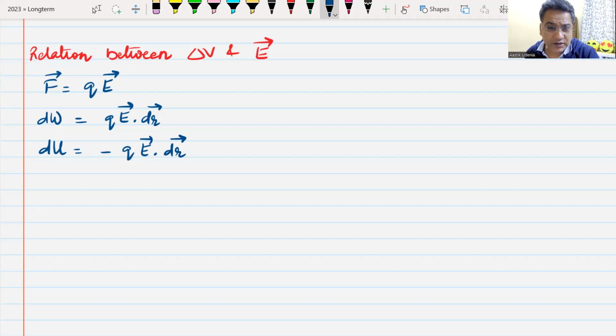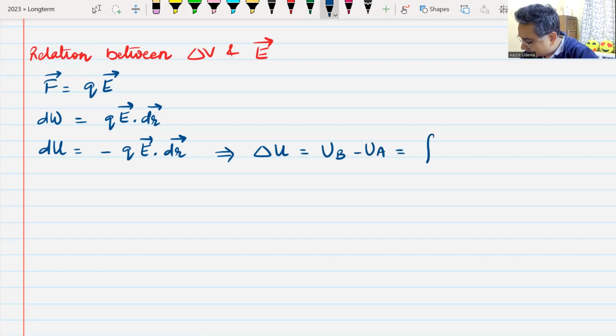From here, you can find out the change in energy. So the formula for change in energy, delta U, which is UB minus UA, becomes the integral from a to b with a negative sign of Q into E dot dr. Yes or no?